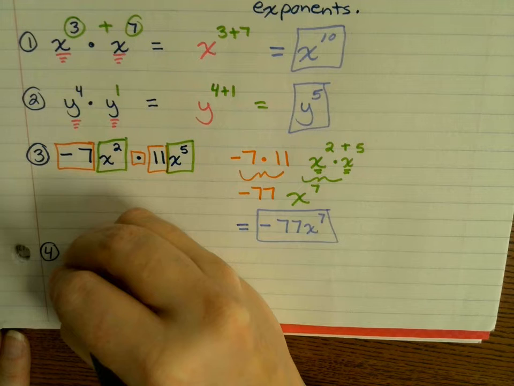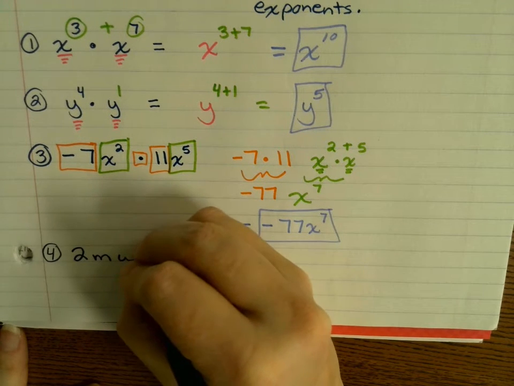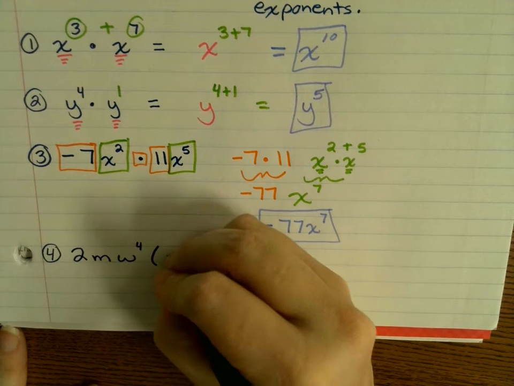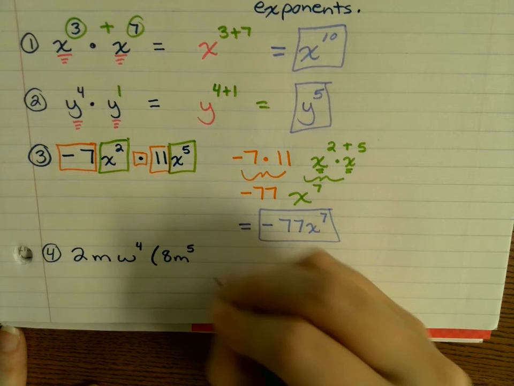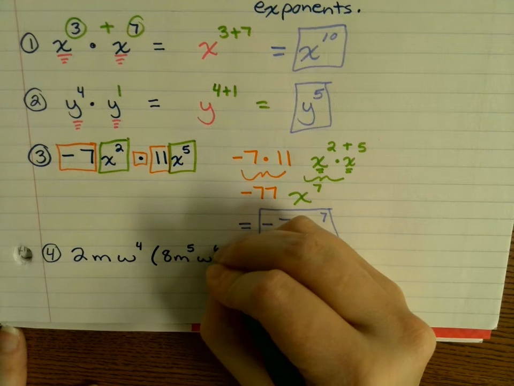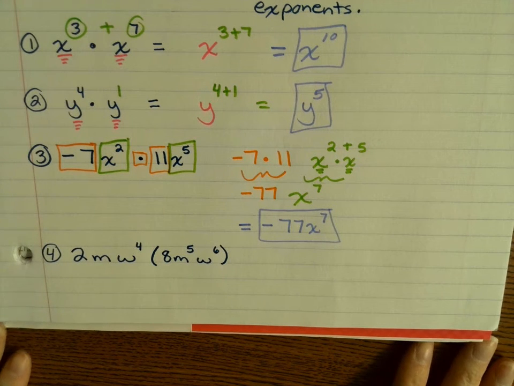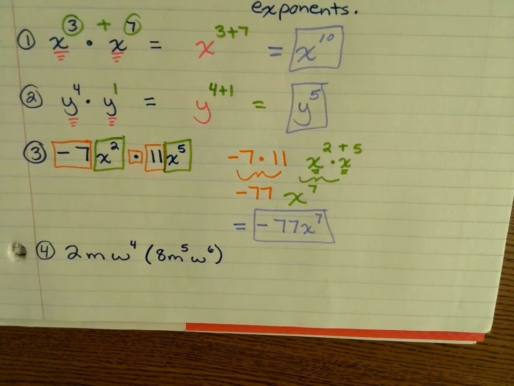We have 2 m w to the 4th, and we're multiplying this by 8 m to the 5th w to the 6th. Okay, so again, we've got a lot of stuff that's going on here.